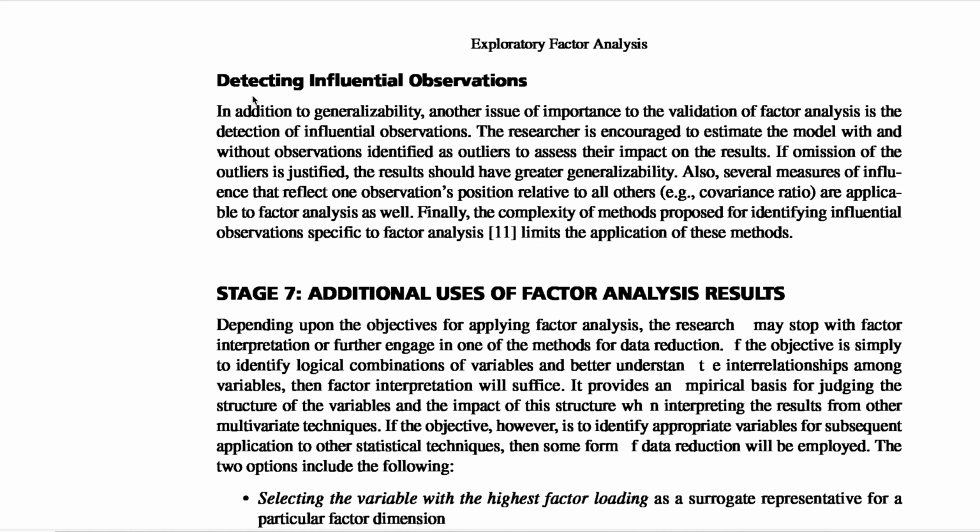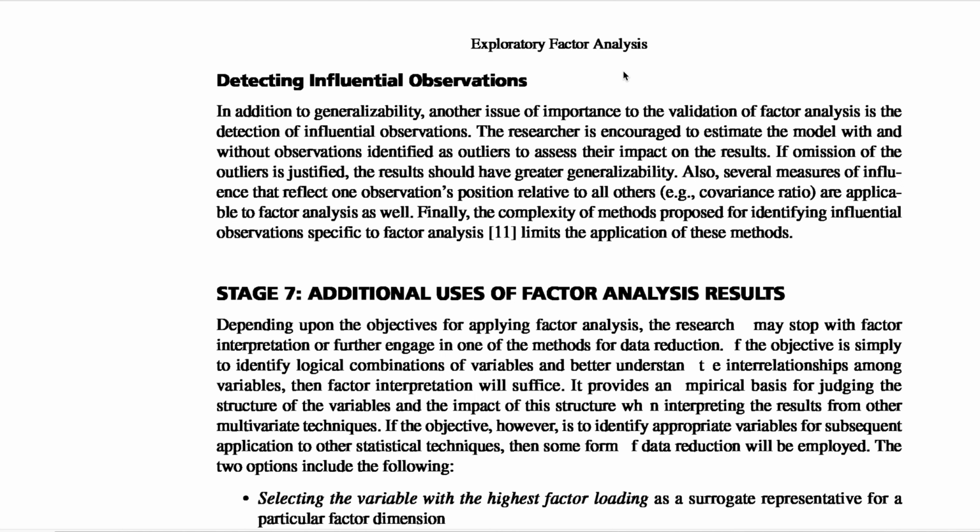Let's talk about detecting influential observations. In addition to generalizability, another issue of importance to the validity of the factor analysis is the detection of influential observations. The researcher is encouraged to estimate the model with and without observations identified as outliers to assess their impact on the result.